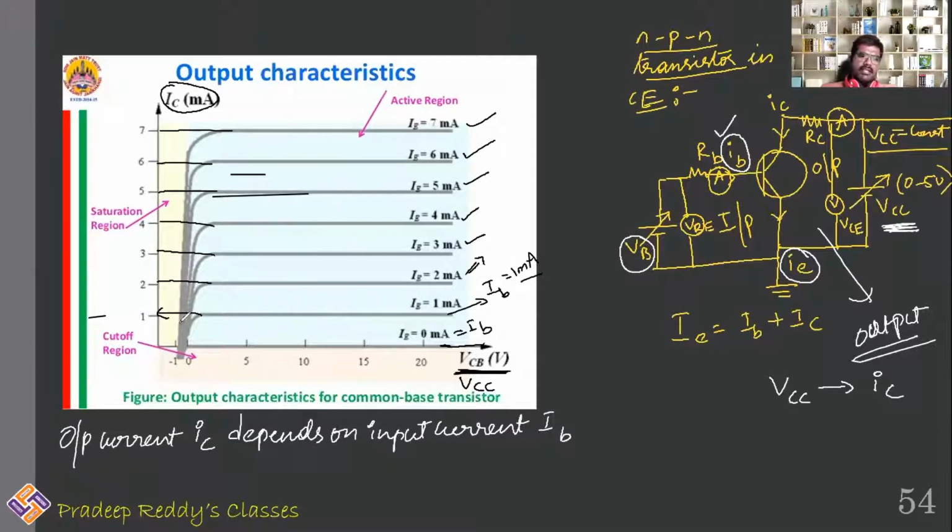Even if you increase VCC from 0 to 1, 2, 3, 4, 10, 20, whatever the value, if there is no IB, current IC is also equal to 0, which is already shown in this graph. So the output current IC depends on input current IB, and you can write beta equal to delta IC divided by delta IB, output current divided by input current in CE configuration. So these are the output characteristics of a junction transistor.